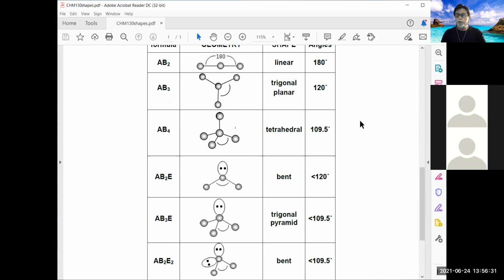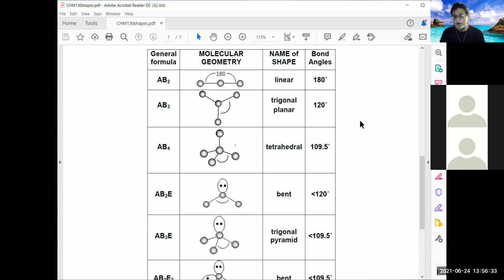So with that general formula, we can determine the geometry and what it looks like three-dimensionally, the name of that shape, and then the bond angle, which represents the angle between whatever's bonded to the central atom. I would say the majority of molecules exist in what is called a tetrahedral shape, and that is the AB4 geometry, which is listed right here.